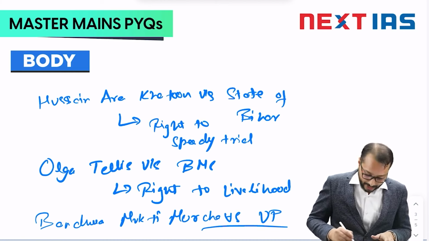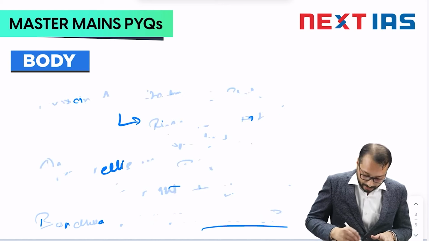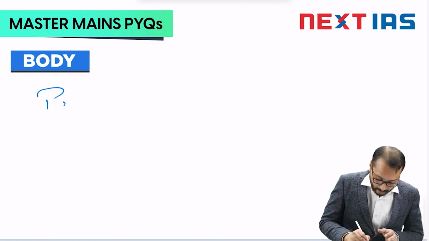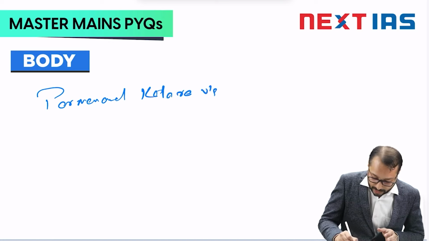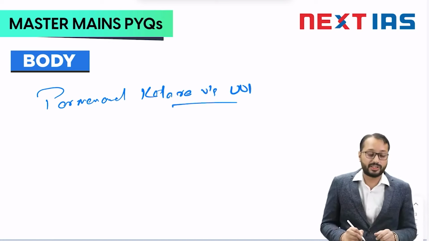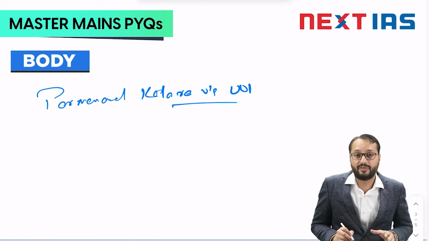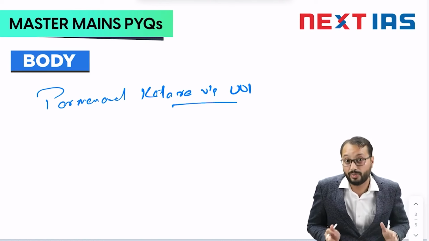The next important case that we'll discuss is Parmanand Katara versus Union of India. This again is a landmark judgment, and it made right to health and medical assistance a very important component of right to life under Article 21.